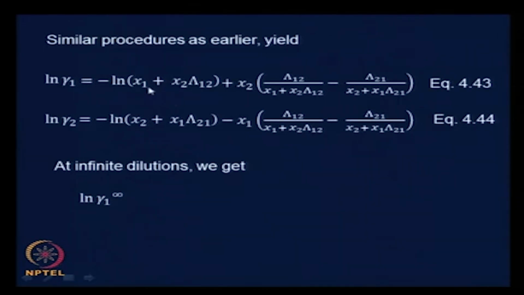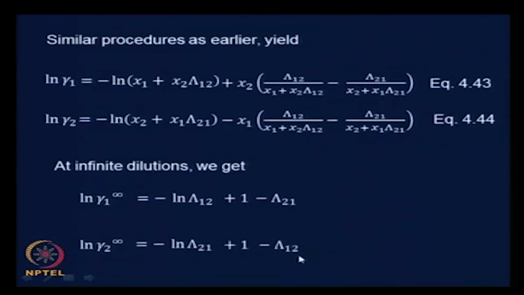This whole term will drop out, x1 is tending to 1, therefore we will get minus ln of gamma 12, I think it is the other way around, plus 1 minus gamma 21, and ln of gamma 2 infinity equals minus ln of gamma 21 plus 1 minus gamma 12. Just by substituting one or the other, x1 tends to 1 and x2 tends to 0, or x2 tends to 1 and x1 tends to 0.